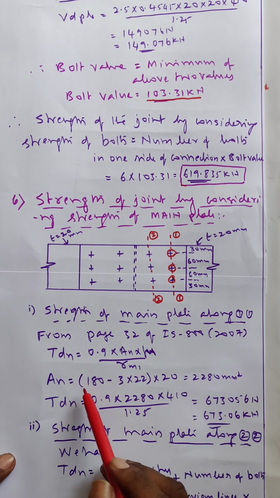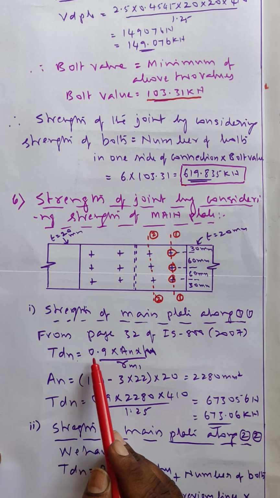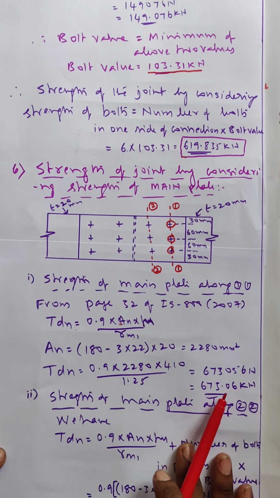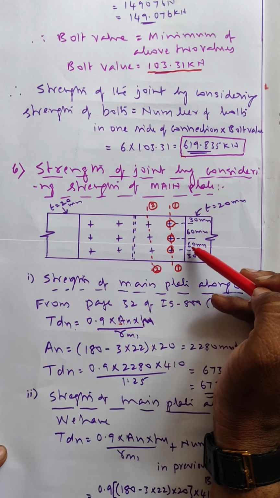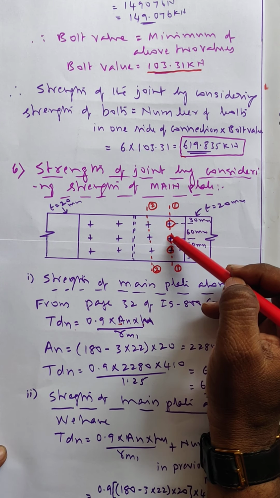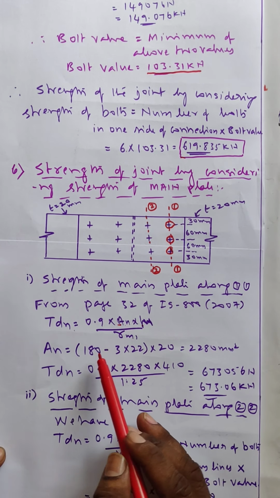3 holes are there. Therefore, from page 32 of IS 800 the formula is Tdn equals 0.9 into An into fu by gamma m1. Net area at 1-1: total width is 30 plus 60 plus 60 plus 30, which means 180. 180 minus 1 diameter of hole, minus 1 diameter of hole, minus 1 diameter of hole, into thickness will be the reduction in area.